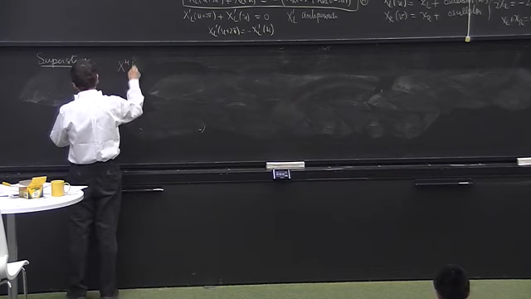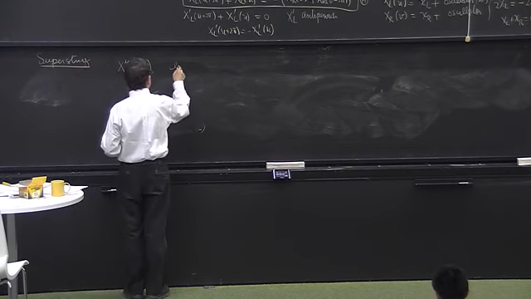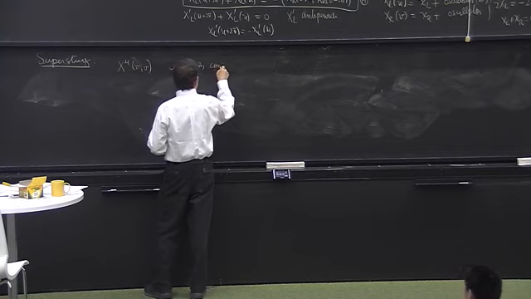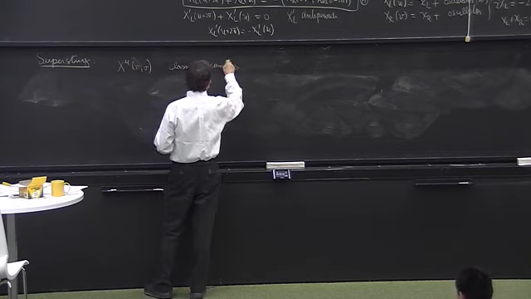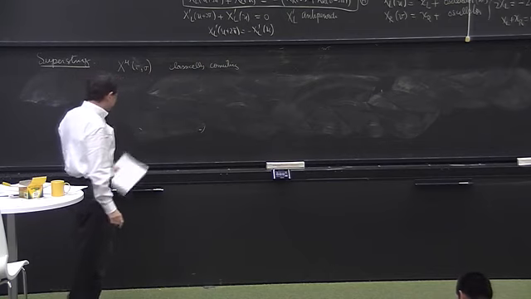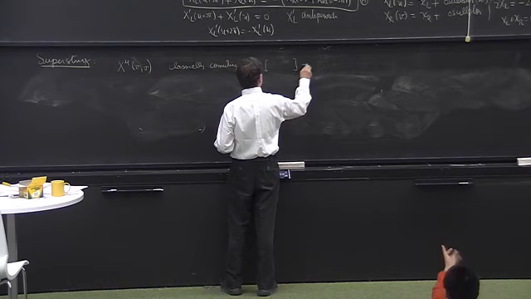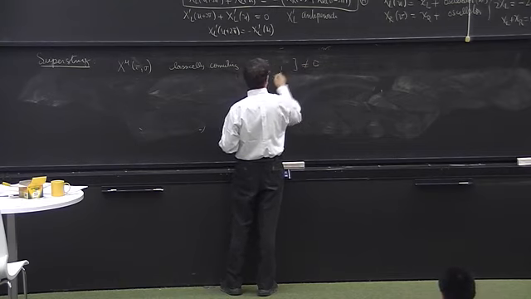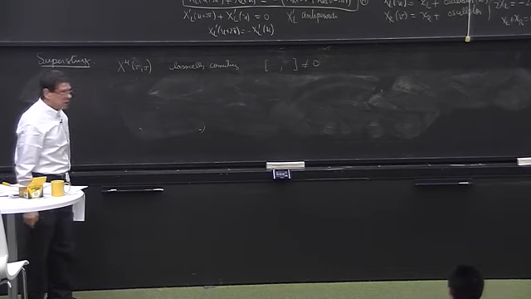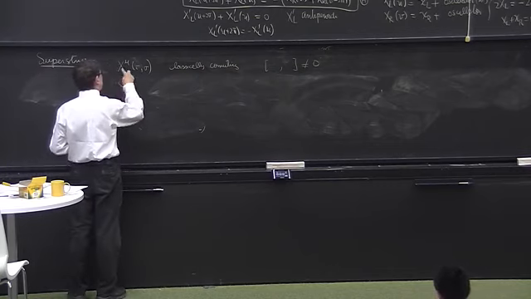We had X^mu of tau and sigma that were classically commuting. In the classical theory, these were commuting variables, but in the quantum theory, sometimes they have commutators that are different from zero.